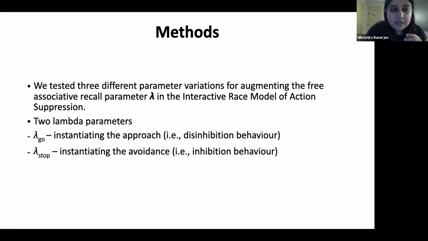For the methods, we tested 3 different parameter variations for augmenting the associative recall parameter lambda in the interactive race model of action suppression. We formalized 2 different lambda parameters: lambda go, which instantiated the approaching behavior or the disinhibition that we observed in the participants for the modified stop signal task, and lambda stop, which instantiates the inhibition behavior, which is usually what is expected.